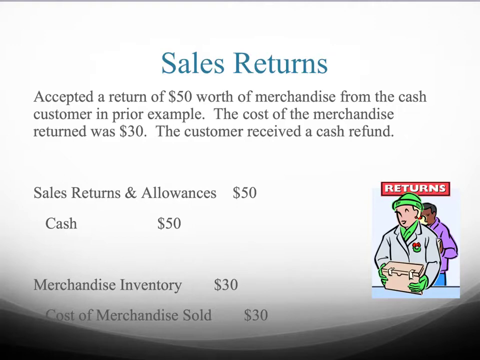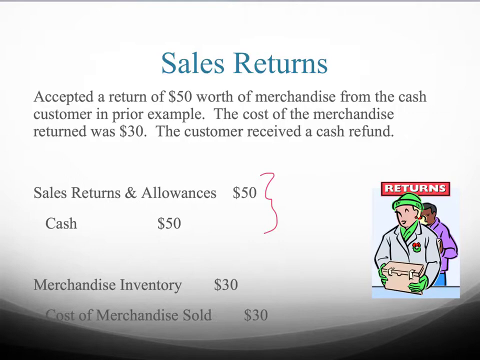Again, we're still in perpetual inventory, and so anytime we have a sales-related transaction, we have the inventory piece. To return sales, we are going to debit sales returns and allowances, $50, and credit cash, $50. Remember, we're giving the customer back cash, and anytime cash is going out of our business, it's a credit.